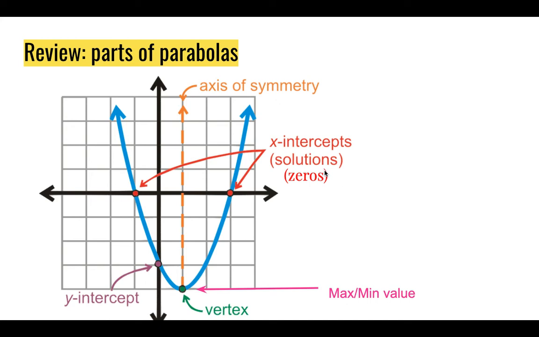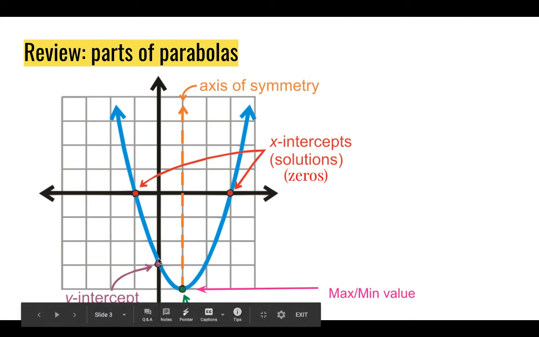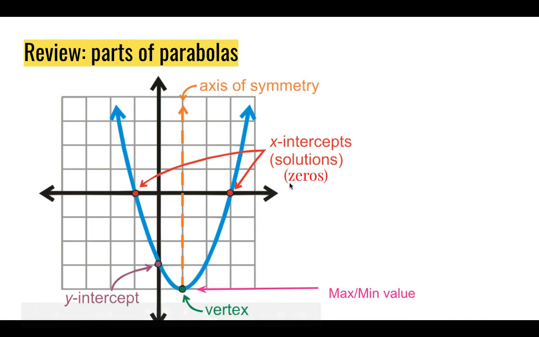On the same token, where it goes through the y-axis, that's called the y-intercept. So that's down here in the purple, okay? Now, the vertex in the green there is the lowest point or highest point of a graph, depending on which way it's turned. You can also think of it as the point where the graph changes direction.